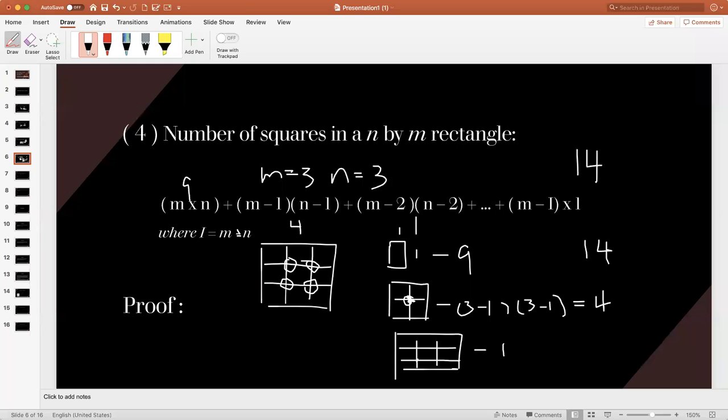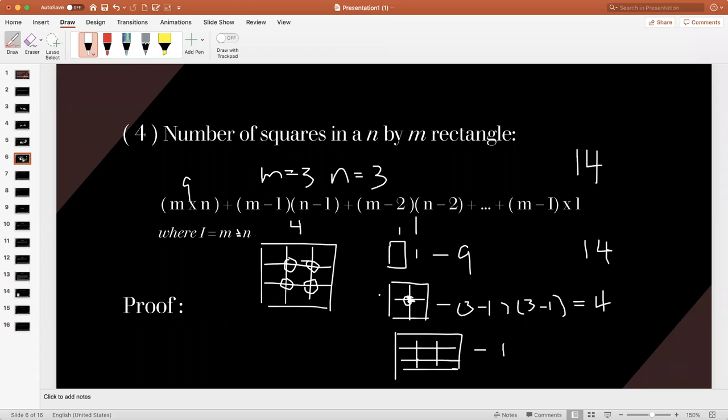So our formula works. That's why this is a really useful formula to keep in mind, because it allows you to compute them quicker than doing casework through every single square that is possible.